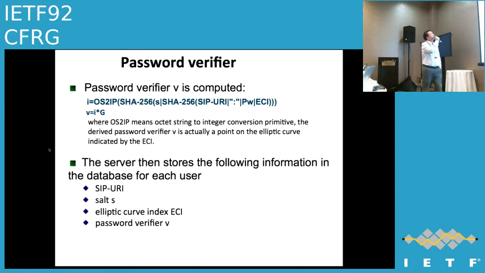This hash value is used as a password-derived key to compute a point on the elliptic curve. After that, the server just stores the following information in the database for each user: SIP URI, salt S, elliptic curve, index, and password verifier. Next.